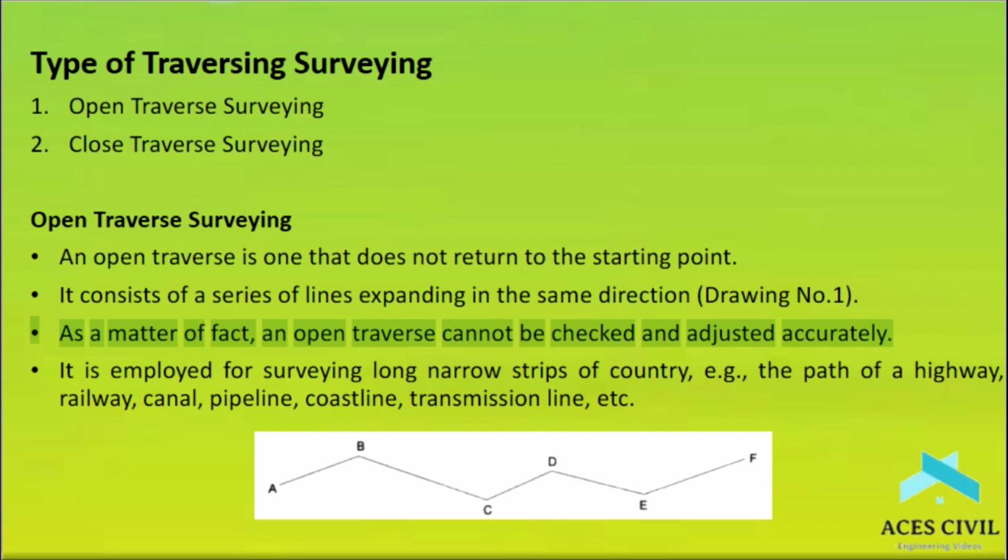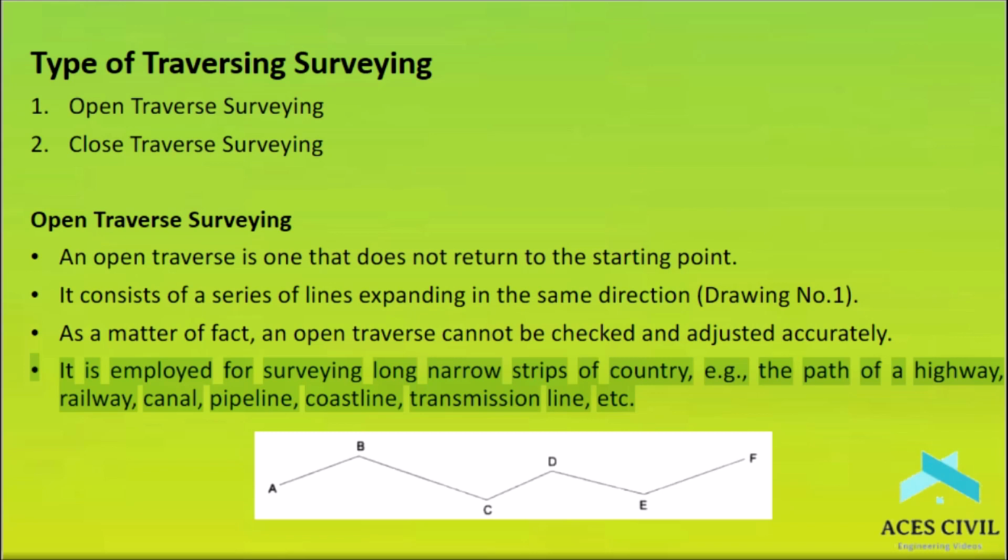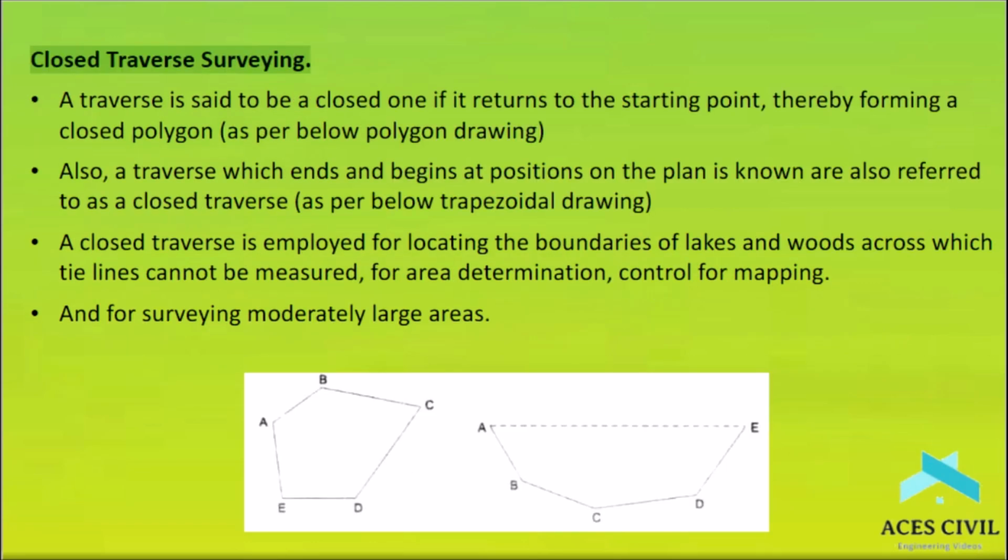As a matter of fact, an open traverse cannot be checked and adjusted accurately. It is employed for surveying long narrow strips of country, e.g., the path of a highway, railway, canal, pipeline, coastline, transmission line, etc.